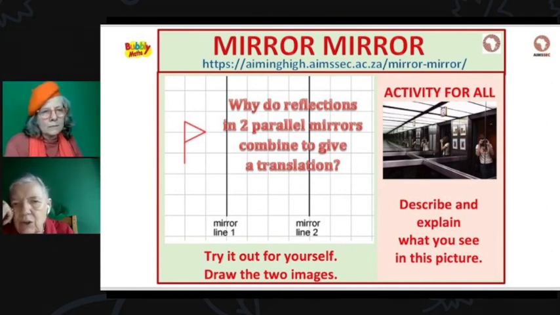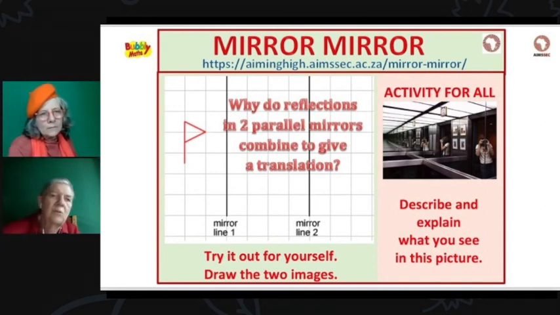So children can describe and explain what they see in that mirror, even if they're 5 or 6 years old, or even younger. And you don't have to complicate it with the maths that's on the left. And we'll come back to the answer to that question in a few minutes.